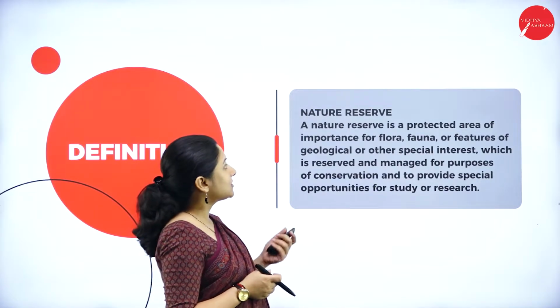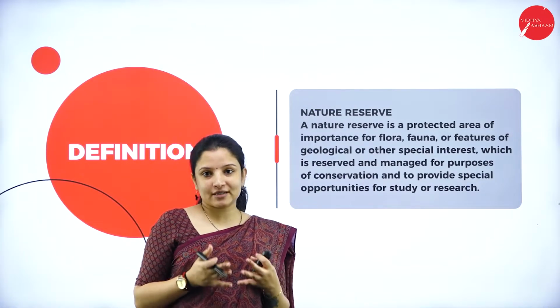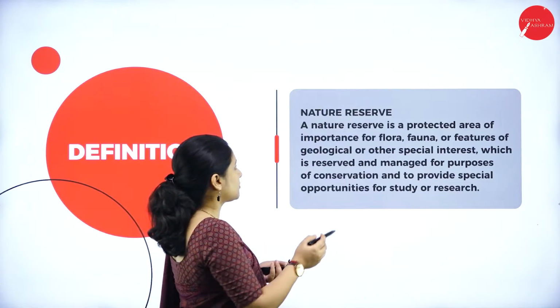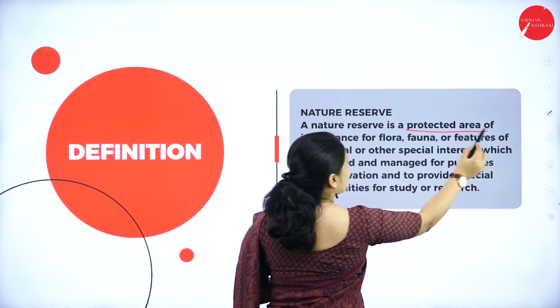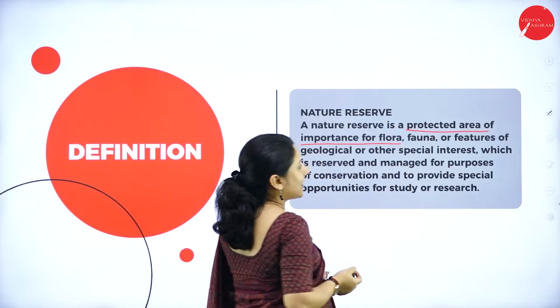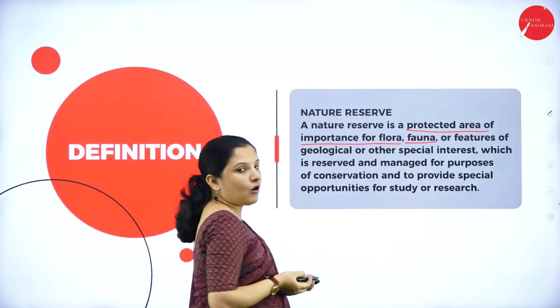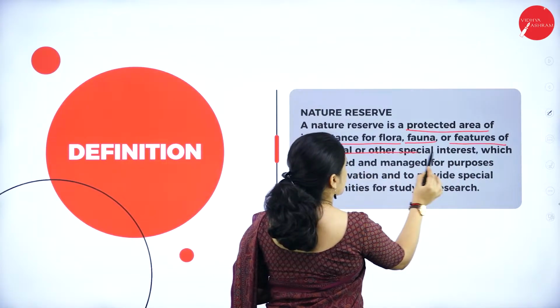So here, what is nature reserve? Reserve means to protect something, right? So here what is being protected? The nature is being protected. So a nature reserve is a protected area which is of great importance for flora, that is plants, for fauna, animals, or for features of geological or other special interest.